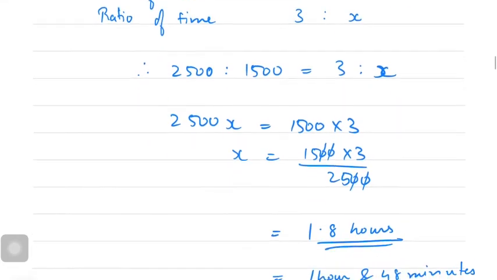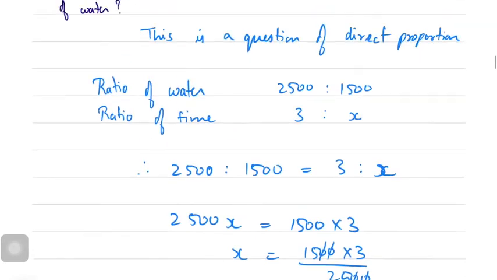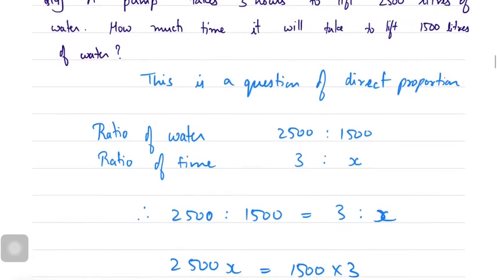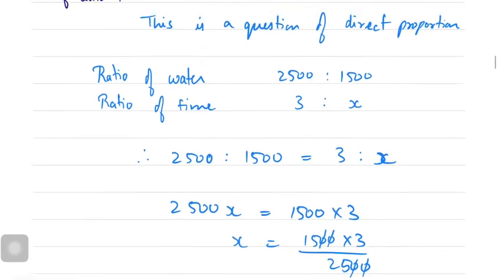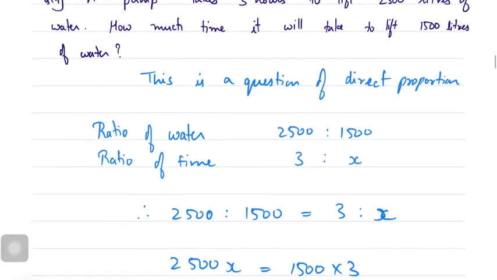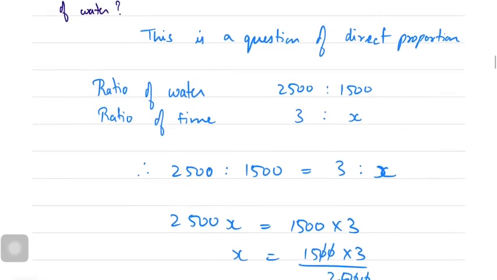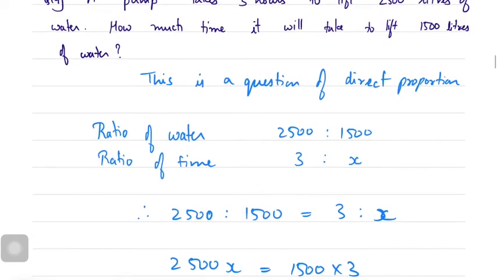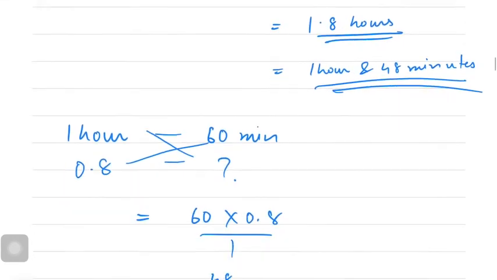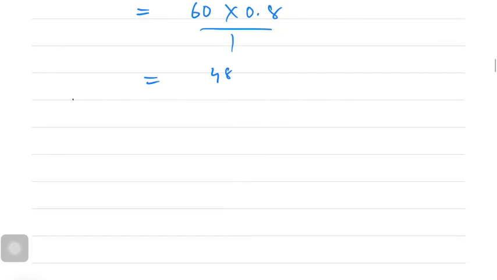Okay. So it will take 1 hour and 48 minutes to lift 1500 liters of water. So you can just add a sentence.